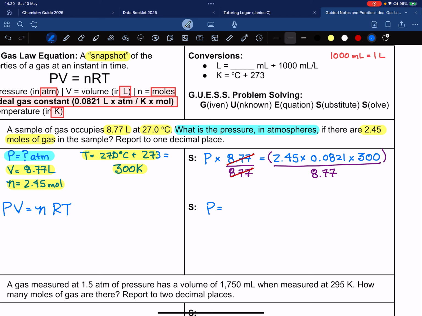So, parentheses, 2.45 times 0.0821 times 300, close parentheses, divided by 8.77 is equal to, and then I get 6.88067. I want one decimal place, which is going to be that decimal place. Because the number behind it is 8, that is going to be rounded up to 9. That is going to be 6.9 atmospheres.